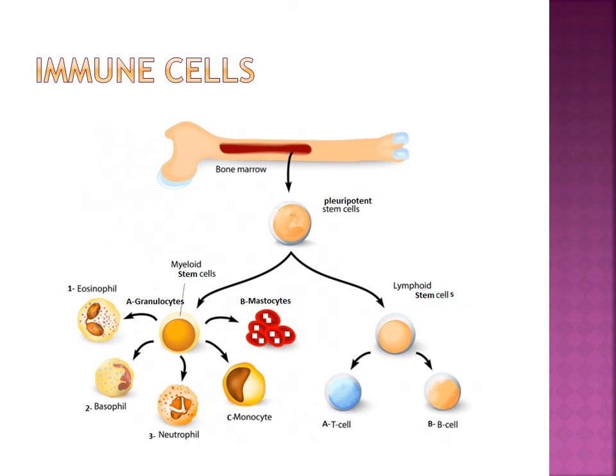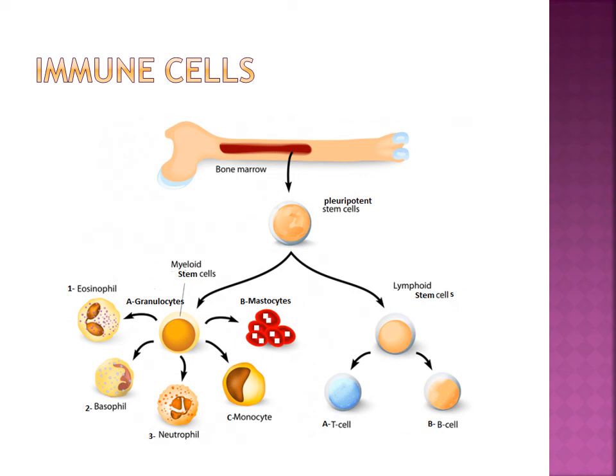Immune cells all originate from stem cells called pluripotent stem cells. These pluripotent stem cells are responsible for the production of the different cells in our body. Pluripotent stem cells can be classified into two major groups, myeloid stem cells and lymphoid stem cells. Myeloid stem cells can be classified into three groups: granulocytes, mastocytes, and monocytes.